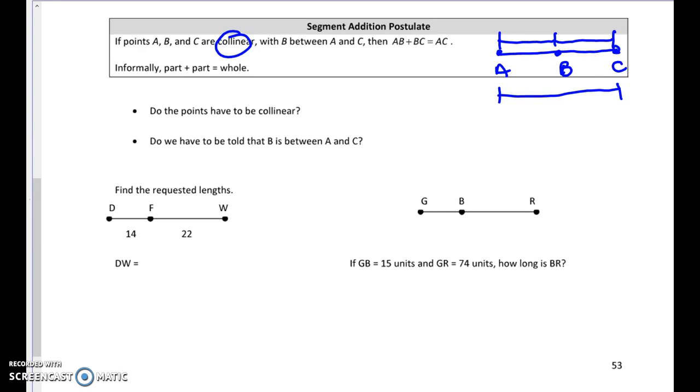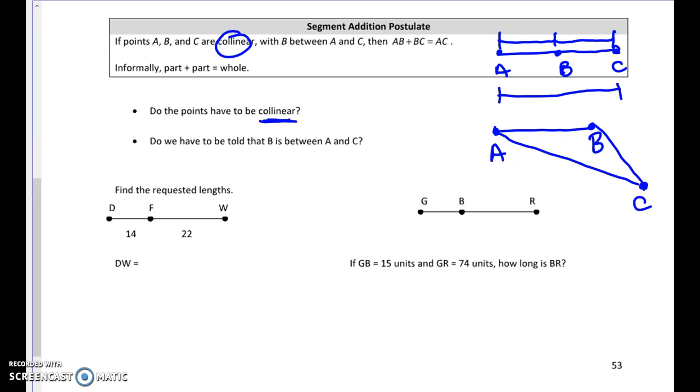The points have to be collinear, and guys, now you need to write this down. The points have to be collinear because if B was not on the same line as AC, I'd get a different distance. If we had A and B, and then over here C, the length from A to C is going to be shorter than AB plus BC.